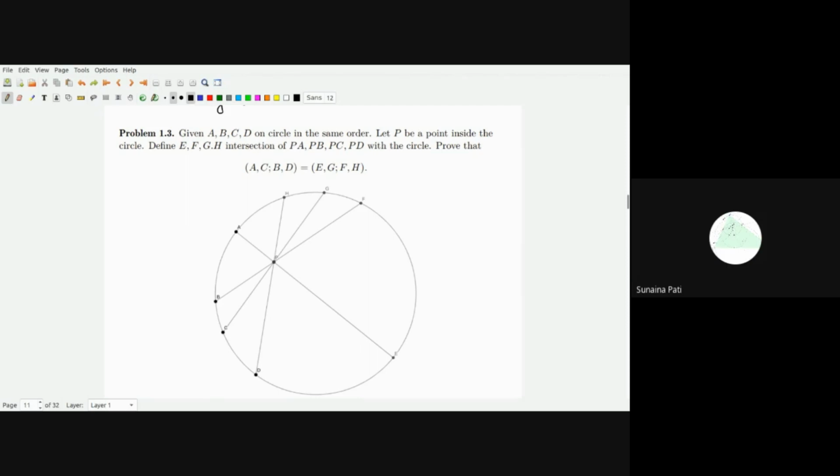Wait, what? Can you repeat it again? I was saying if ACBD is equal to EGFH, then ABCD is equal to EFGH. Then we convert the cross ratio of ABCD by extending PA, PB, PC, and PD and making a line through it. Wait, you can't do that, right?